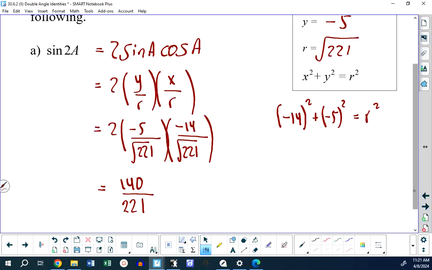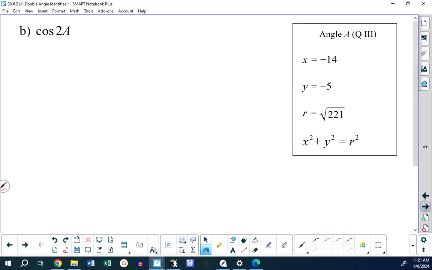Okay, so now what if I say to you, what is cosine of 2a? And I've given you this table here now, right? You've done the work, so there's no need to do it again. Cosine of 2a is cos squared of a minus sine squared of a.